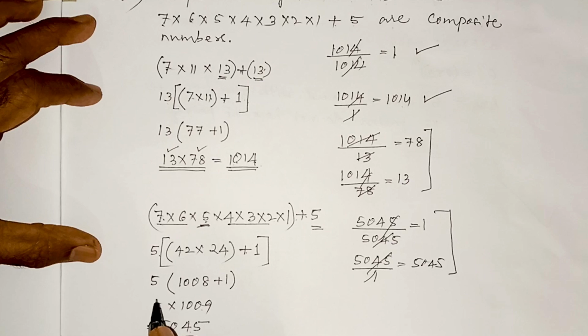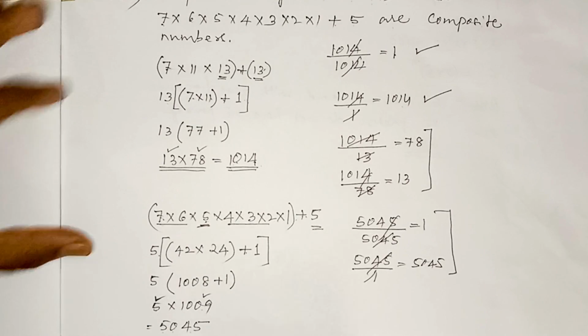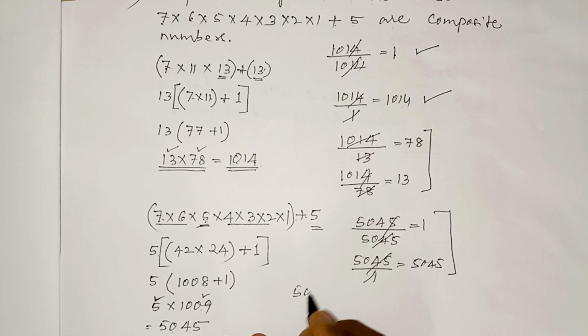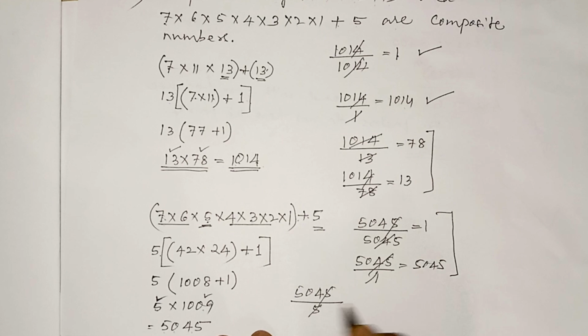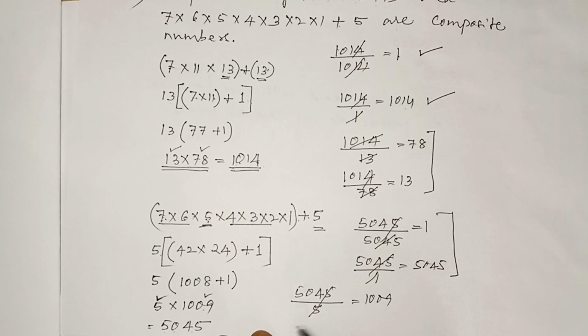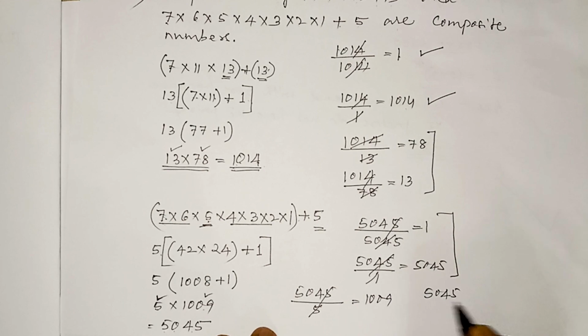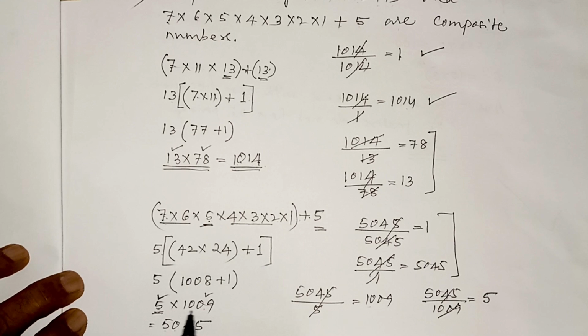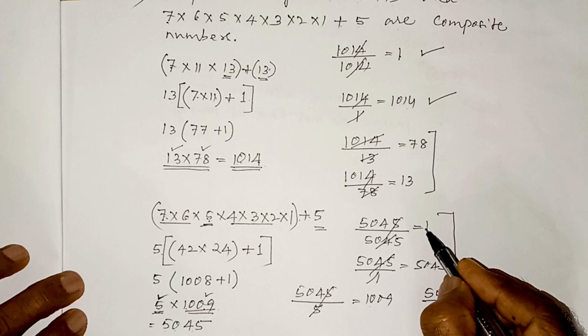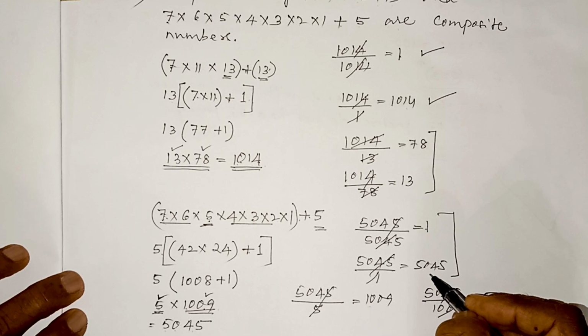You have 5 and you have 1009. If you take 5045, you can divide by 5 and you get answer 1009. And if you have 5045, you can divide by 1009 also. There you get 5. Because you have two factors 5 and 1009 other than 1 and the same number.